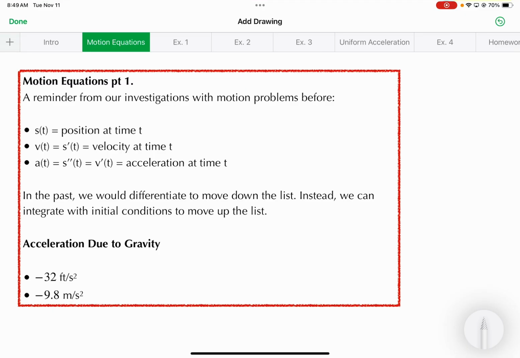So whether it's an initial condition, which is what it will typically be in this section, the first part at least, or something else, we have to have some sort of data point to find what C is. And then that way we can actually figure out what that particular solution is instead of the general solution. All right, so double antiderivative of acceleration to get to position, okay? All right, so we can move up the list by integrating.